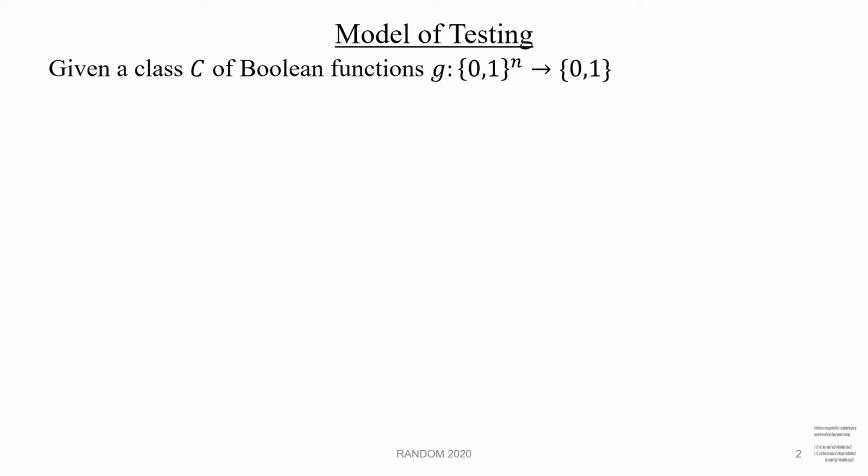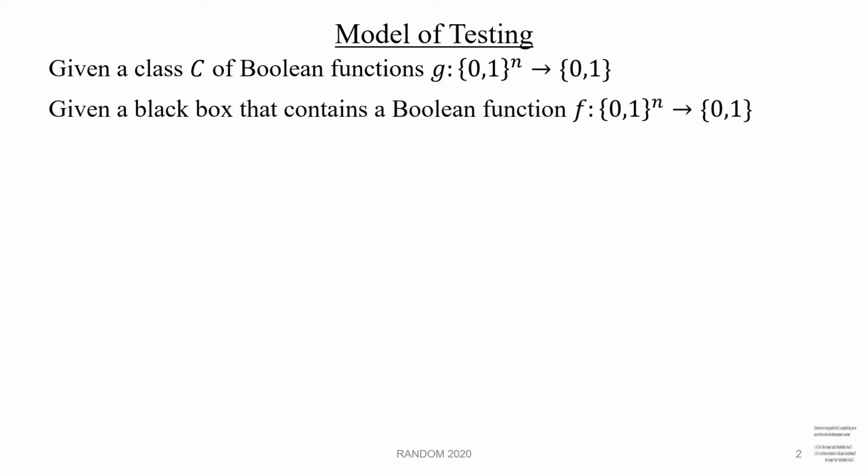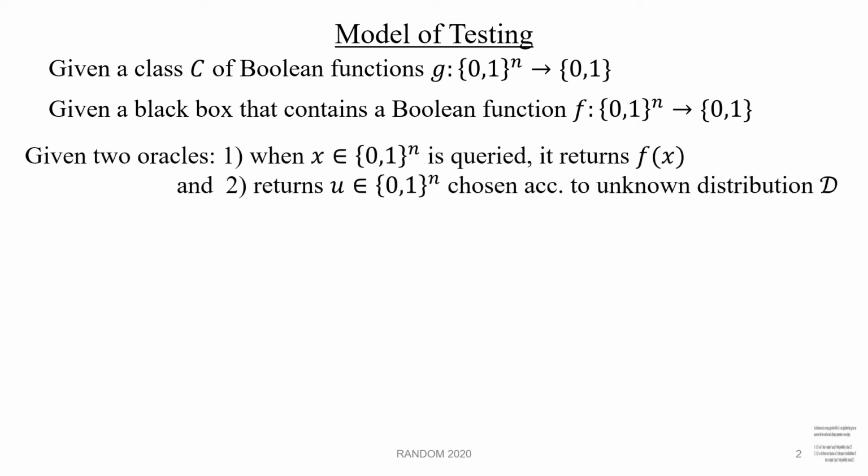Okay, so the model of testing: given a class C of Boolean functions, given a black box that contains any Boolean function f, the algorithm has access to two oracles.